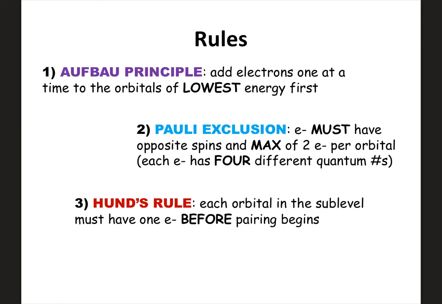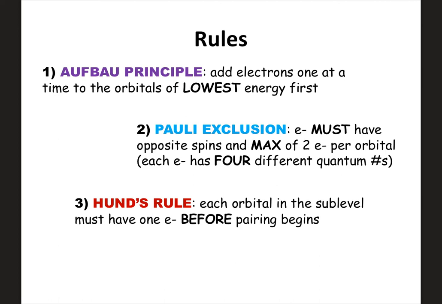You can think of it like each electron having its own address. If one electron lived at 2319, another would live at 2320, just like the address of a house. These electrons need a set of 4 different quantum numbers.